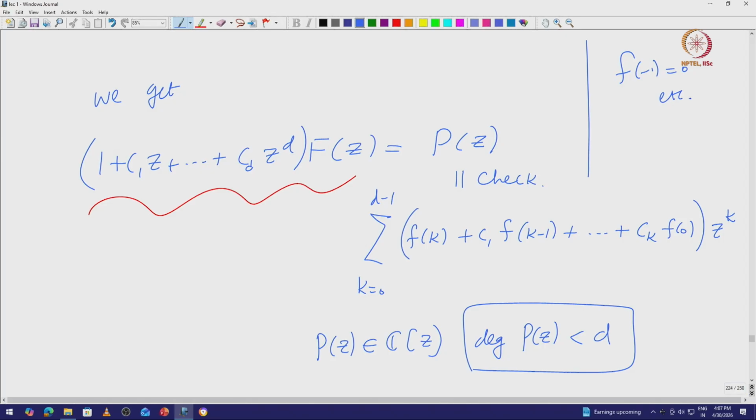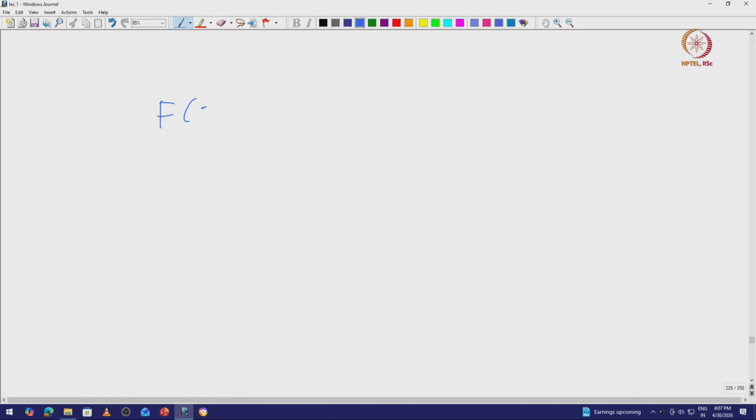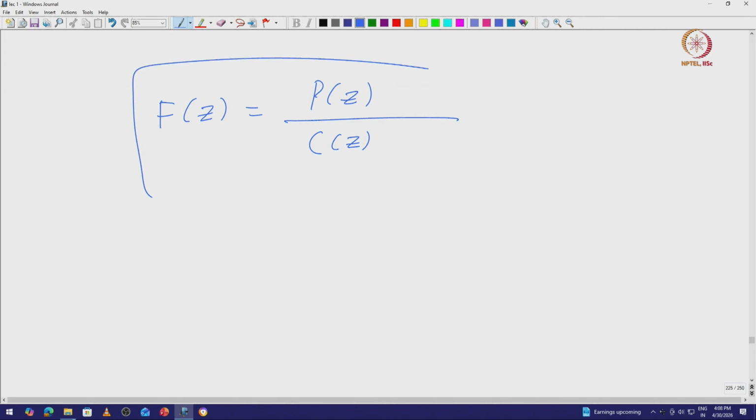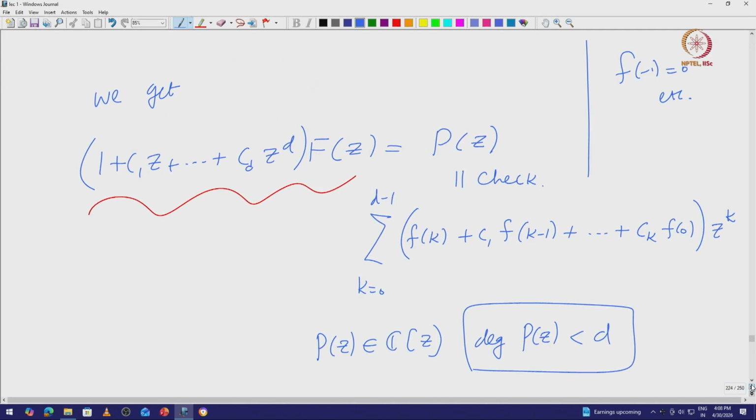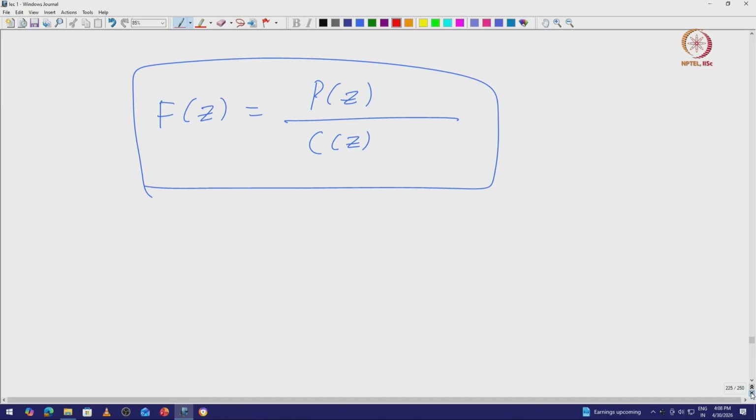So, this tells us that you can write f of z equal to P of z divided by that C of z that we are interested in. Note that C of z is invertible in our formal series because it starts with the constant term 1. So, one will be able to write f of z as P of z divided by C of z.